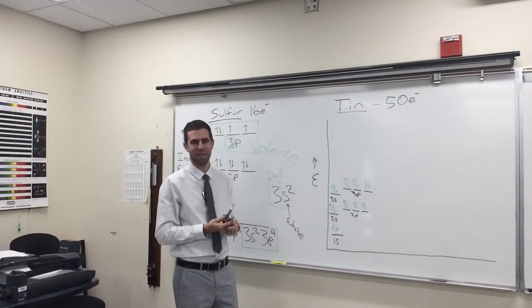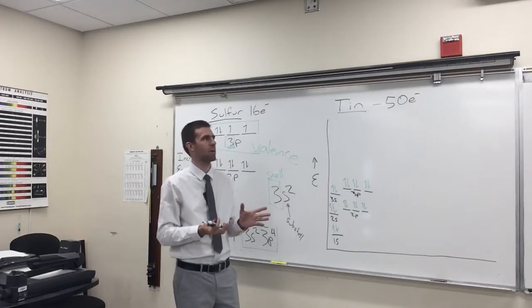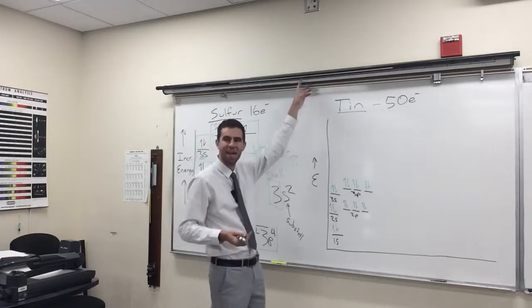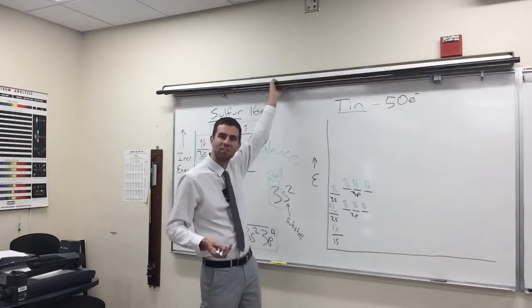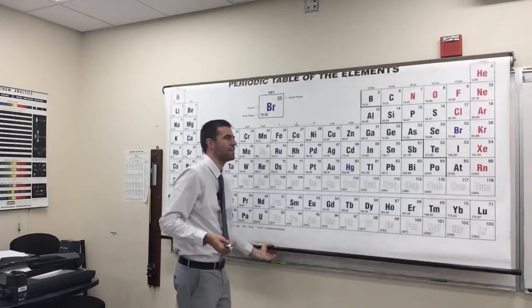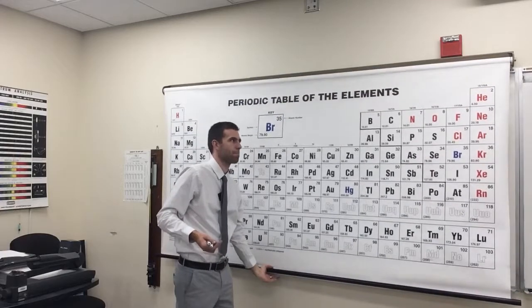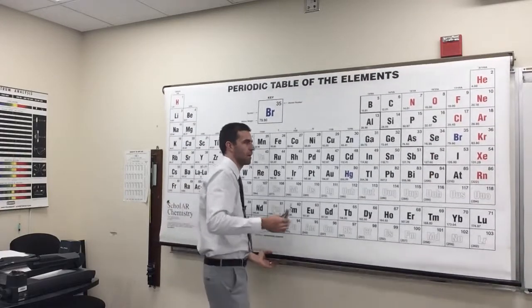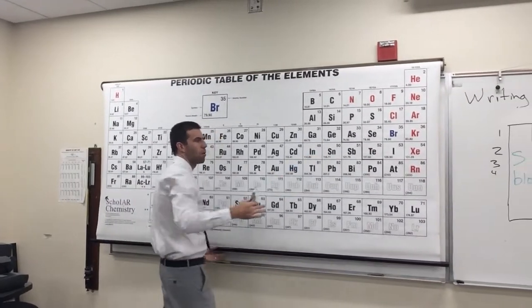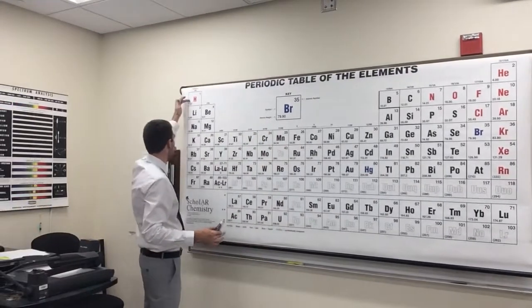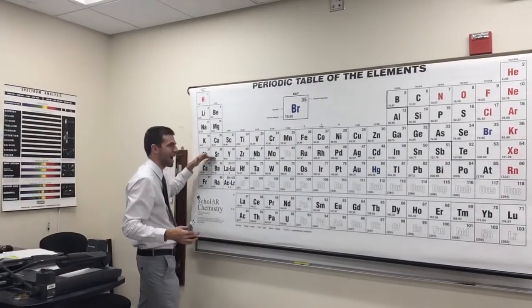Okay, so because I'm getting tired, I'm going to talk about something. Where are we going to end? How would I predict where I'm going to end? Well, let's do this. Where is tin? Sn right here, right? What row is it on? 1, 2, 3, 4, 5.